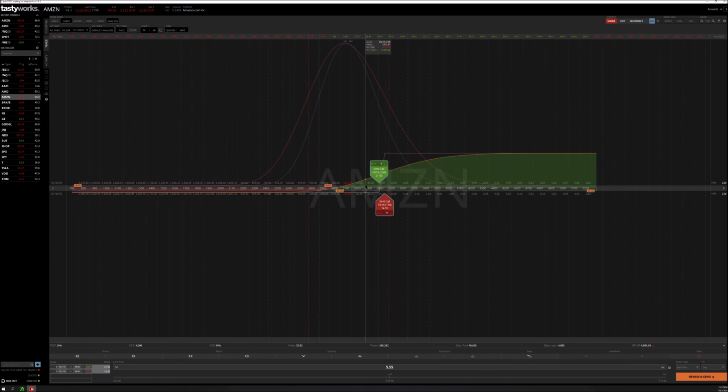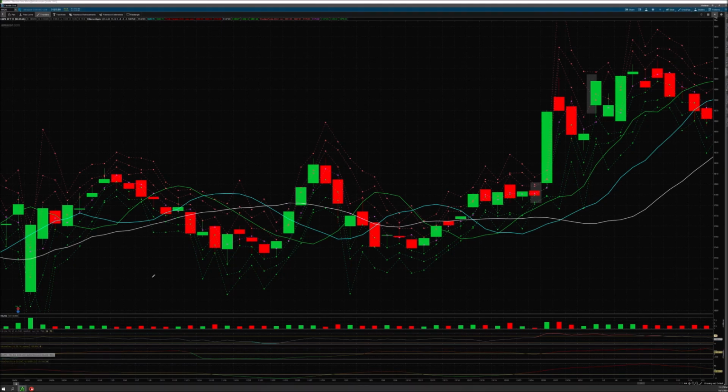Well, actually, if Amazon goes and hits like 4,400. But as we know, Amazon probably will not jump 1,000. It did jump 1,000 points this past year, but you had to do a longer time frame on Amazon.